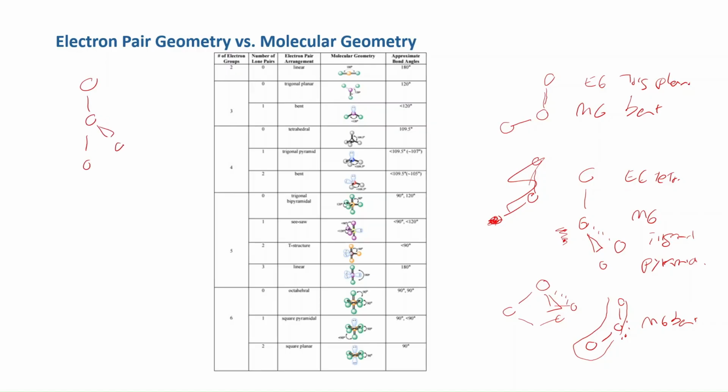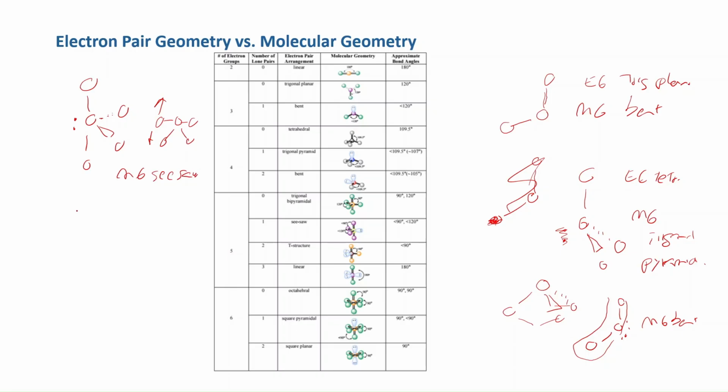So what if we have one lone pair? So you still have this one, and we have a lone pair in here. If you flip this 90 degrees, it's going to look like this. It's a seesaw. You see? You could be moving this up or down. So the molecular geometry is seesaw.